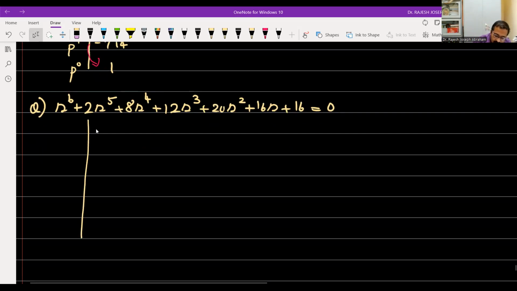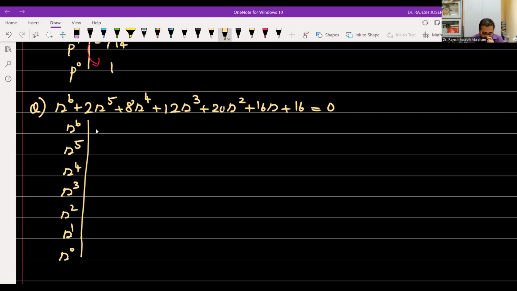So s raised to 6, s raised to 5, s raised to 4, s cube, s square, s raised to 1, and finally s raised to 0. What is the first row? 1, 8, 20, 16. What is the next row? 2, 12, 16.